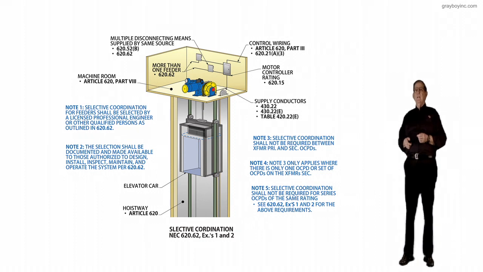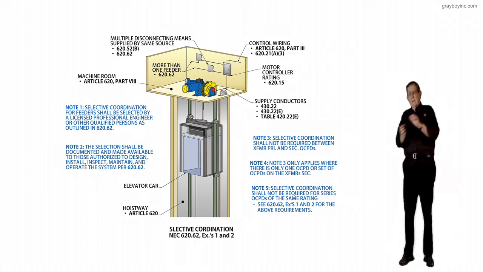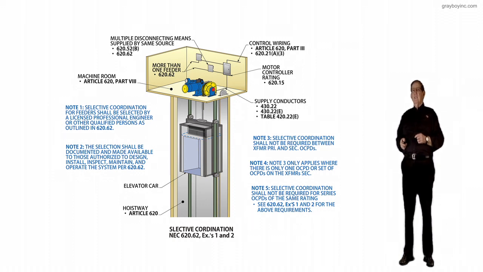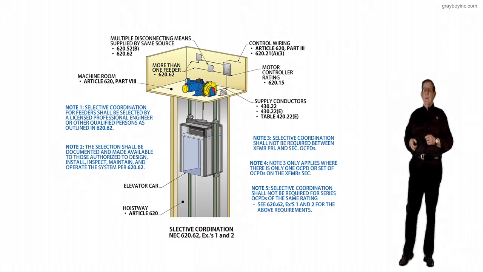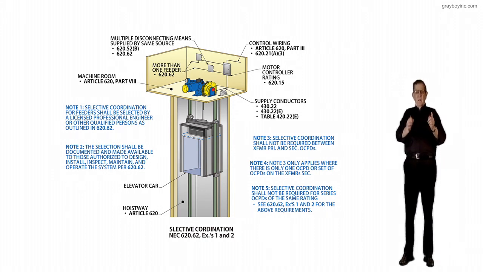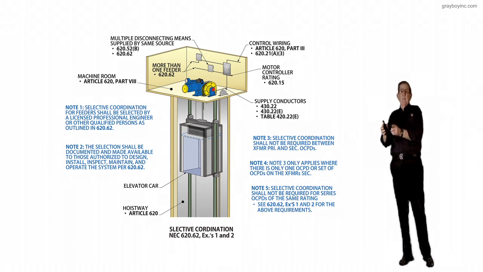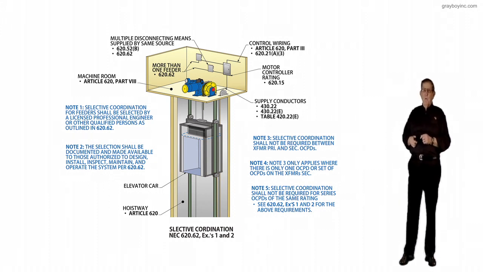Keep that in mind. Note 3 and note 4 kind of go together for that rule. Note 5, selective coordination shall not be required for series overcurrent devices of the same rating. And that's where you'd have a number of overcurrent devices, and when they are in series, you lower the available short circuit current maybe at a given point on equipment and so forth.